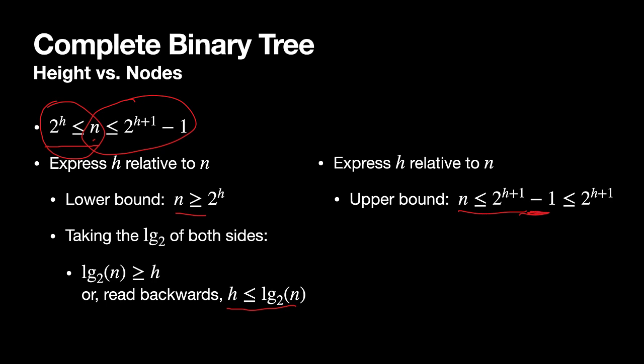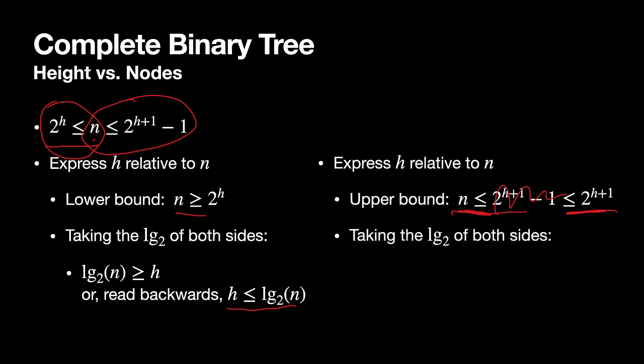But I can ignore that and just focus on 2 to the h plus 1, since the one is strictly less than the other. So I'm going to focus on n being less than or equal to 2 to the power of h plus 1. We've got the transitive property of less than or equal to, so I can ignore this middle part and get rid of the minus 1, just so it's a little bit easier to work with.